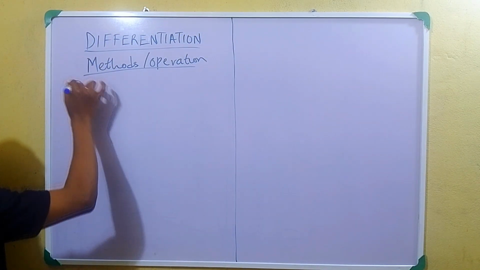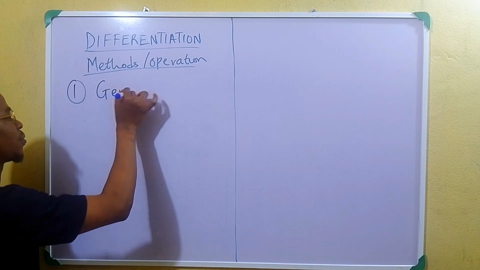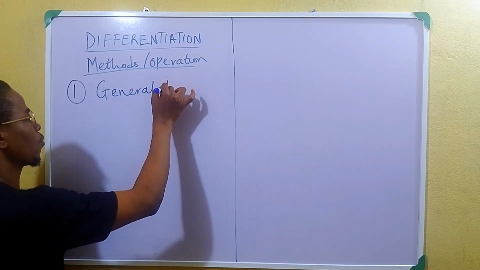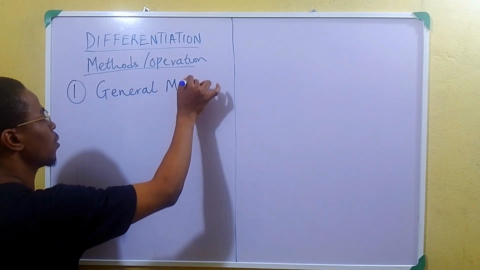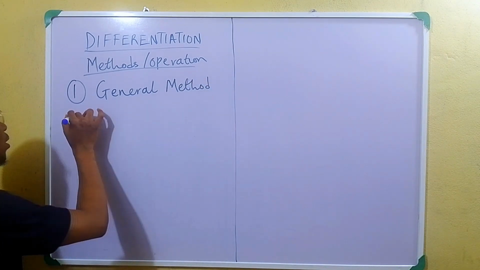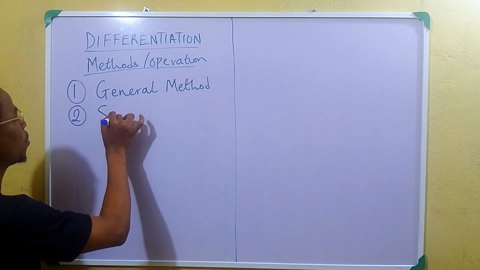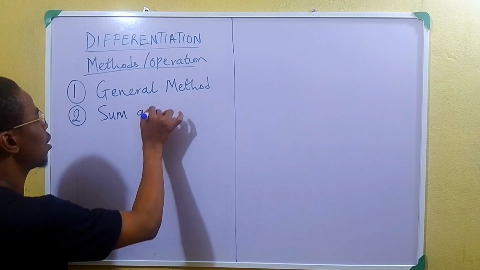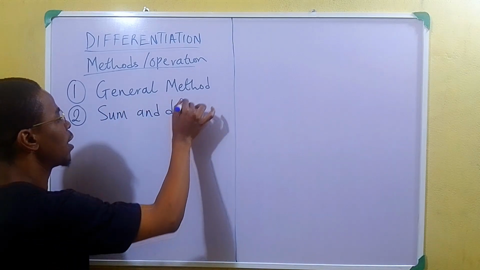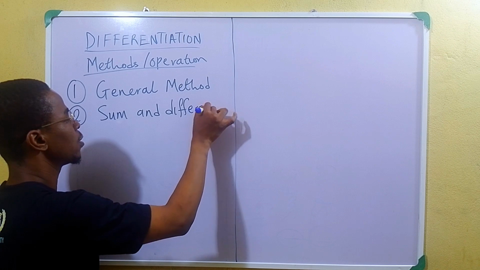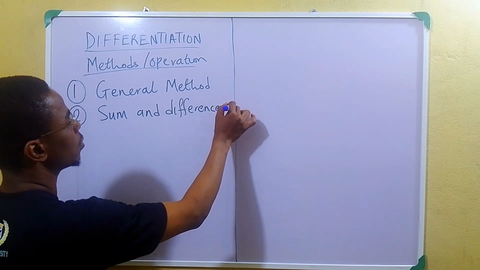The first we have is called the general method. The second is what we call the sum and difference method.